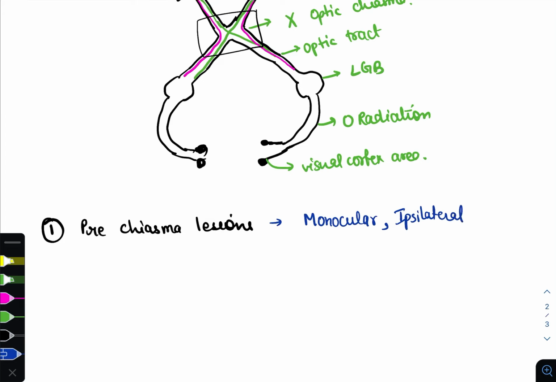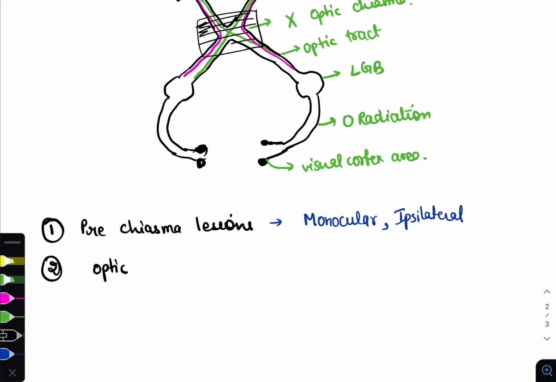Okay, when there is optic nerve involvement, we can call these prechiasmal lesions. After that, there can also be a defect in the optic chiasma. So what happens when there are optic chiasma lesions? Optic chiasma means all these parts.